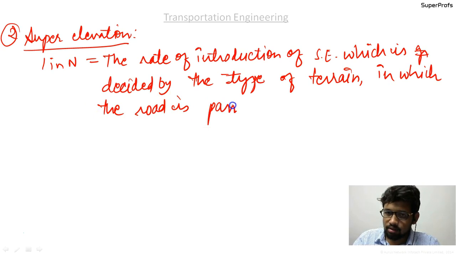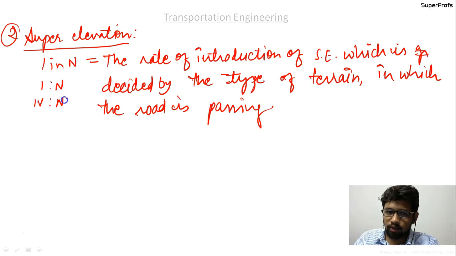As per IRC, this is vertical in horizontal, that is 1 vertical to n horizontal.